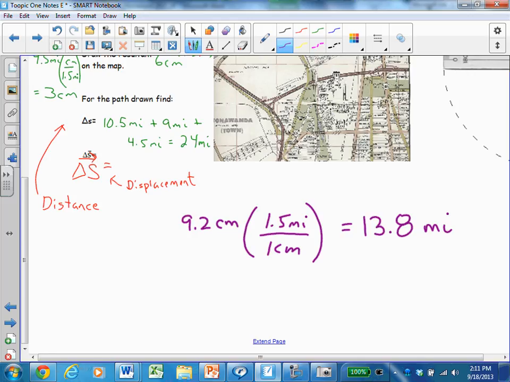Yours might be slightly different because you drew it, and plus I tried to get my ruler to match up. So what you should do is measure the length of it and convert it to miles. I just did it. But if yours is slightly different, do it differently. Use a ruler.